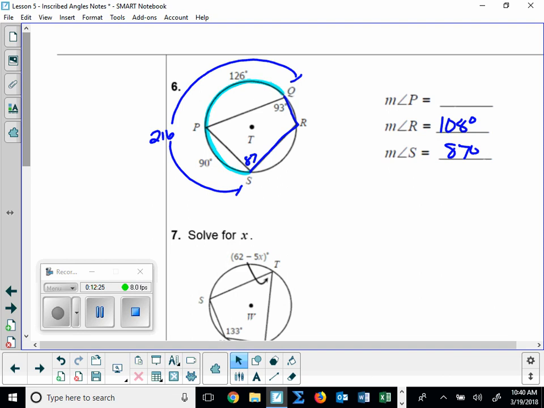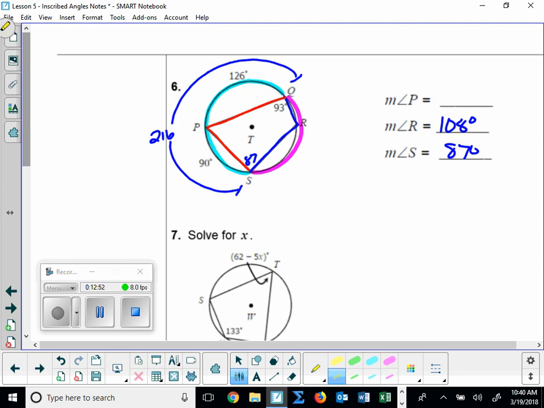Now let's look at angle P. Angle P is going to be this. Oh, golly. Well, we don't know QR and we don't know RS. So we might have to back this up a little bit and look at something else.